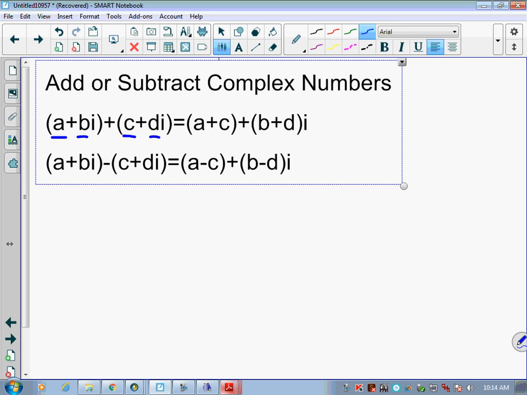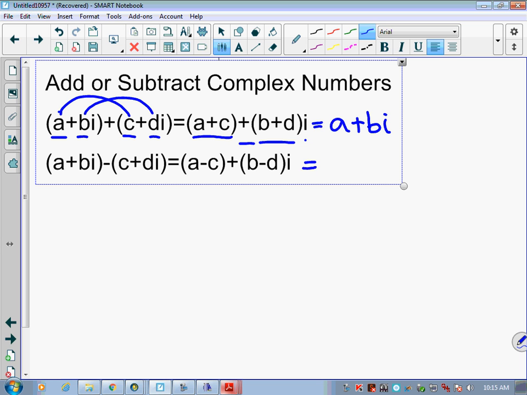Because this is all plus and addition is commutative, I'm going to commute c over to a, and then I'm going to add the b's and the d's and multiply them times i because they're both times i. So I'm going to get a plus c plus b plus d times i. And that's how I'm going to add them together. Okay? And then I will get an answer that is in a plus bi form.